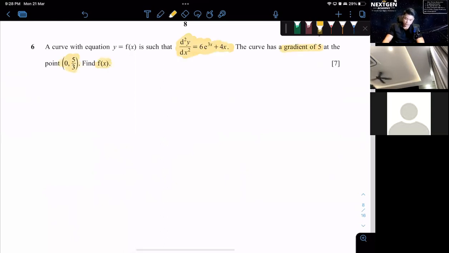We want to find what is f of x. Okay, so how do we do this question? We have to integrate it.